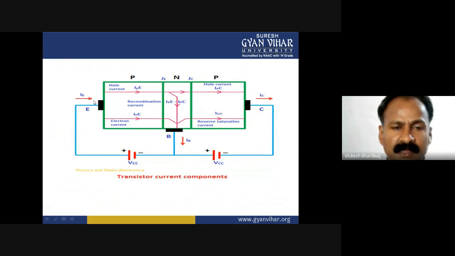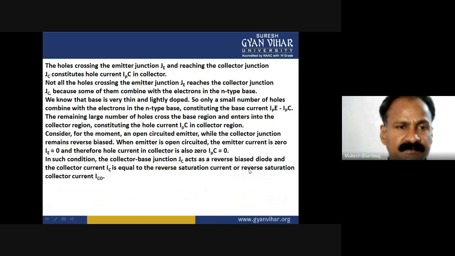So as we apply Kirchhoff's current law, IE is equal to IB plus IC. Now the further current components are going to replace IB and IC.